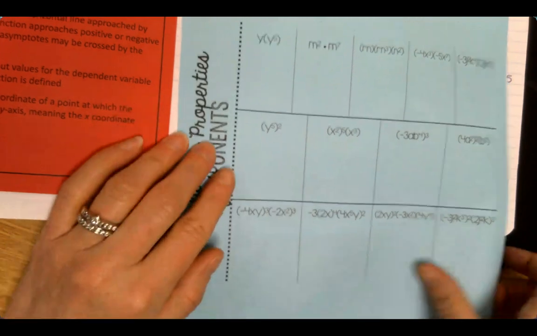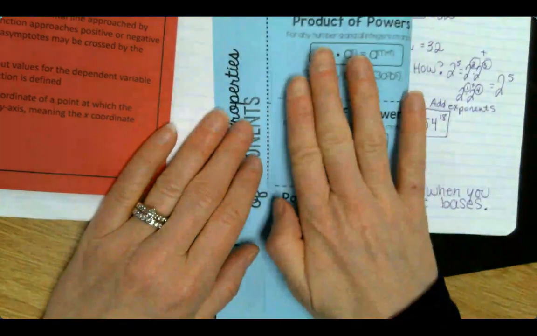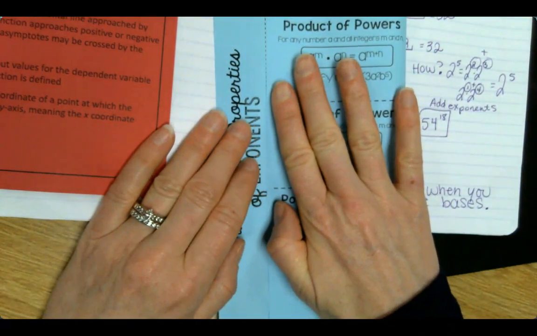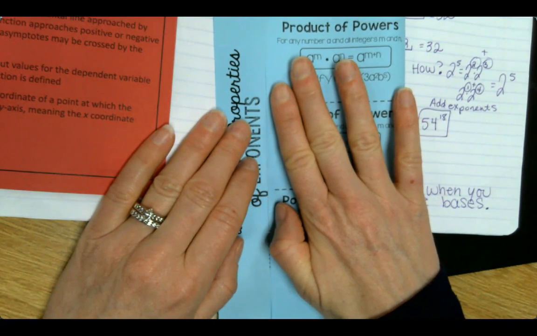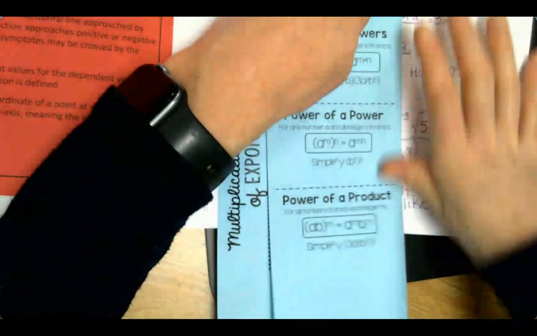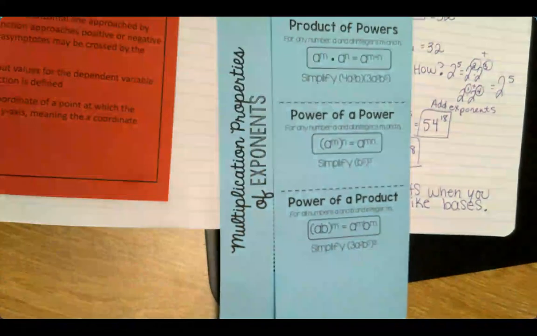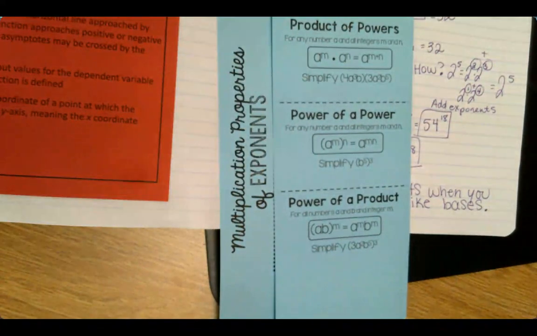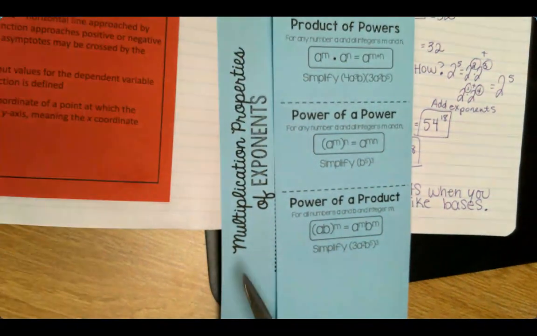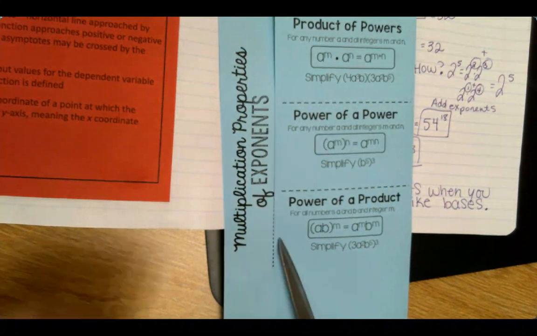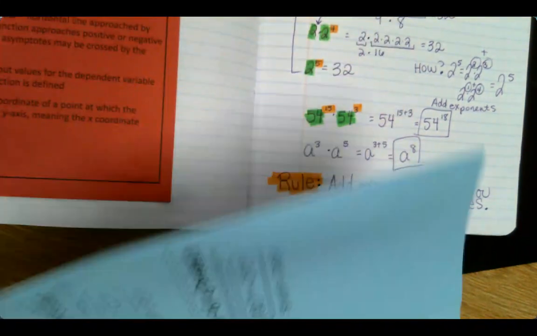You're going to take your blue paper, you're going to fold this over to the dotted line right here. Crease it. Multiplication properties of exponents, over here.